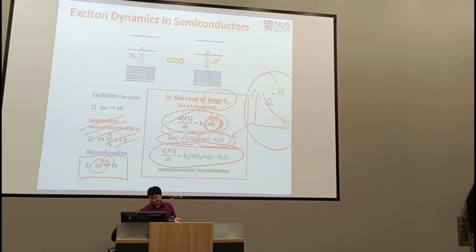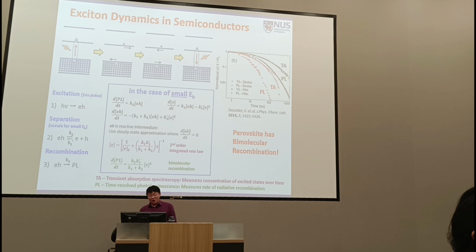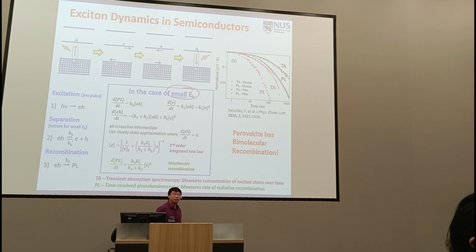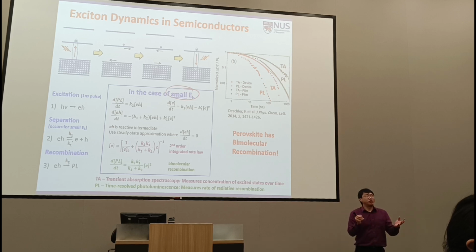This is simple enough, but if you think it's complicated, the next case is worse. What happens if it has a small exciton binding energy? In the case where it has a small exciton binding energy, separation can happen.